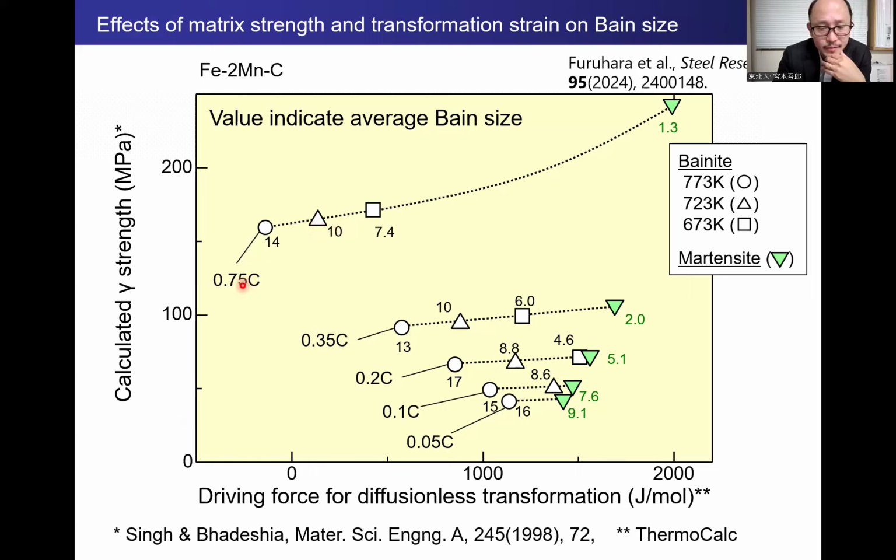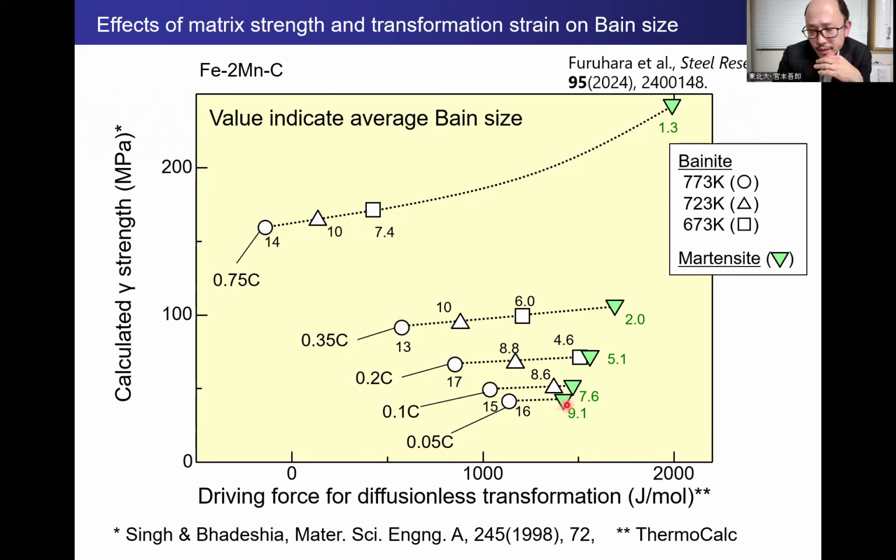So in a given specimen, the driving force and austenite strength both increase by decreasing transformation temperature or multi-site transformation. At the same transformation temperature, but decreasing carbon content, the austenite strength is lowered and driving force increases.